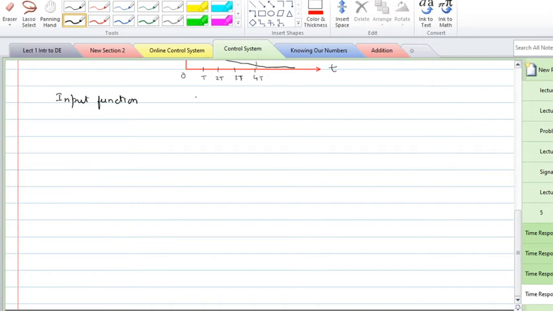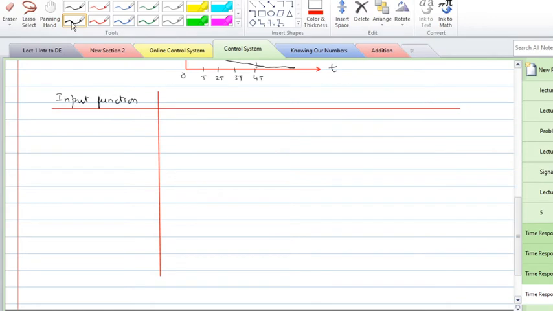If we write their expressions, this is your unit ramp input, unit ramp in S domain is denoted by this one, and if it is unit step input, then its Laplace transform is 1 by S, and if it is unit impulse input, then its Laplace transform is 1.